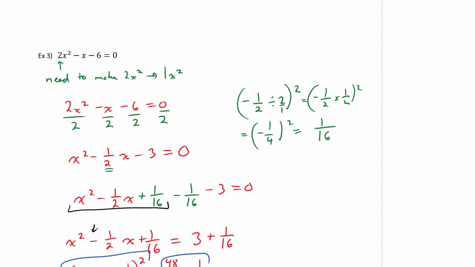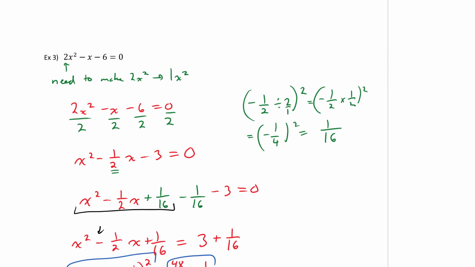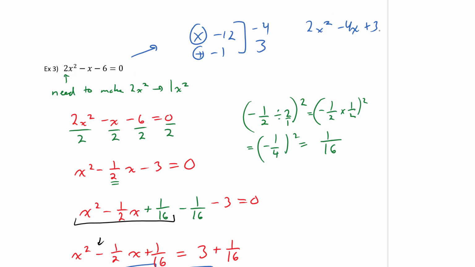Now with this particular equation, we could have solved this as a complex trinomial, right? We're looking for two numbers that multiply to negative 12 and add up to negative 1. That would be negative 4 and positive 3. We would decompose that value into 2x squared minus 4x plus 3x minus 6 equals 0.